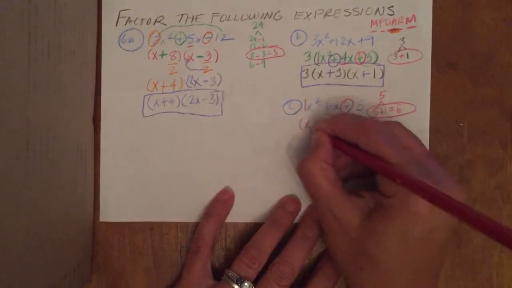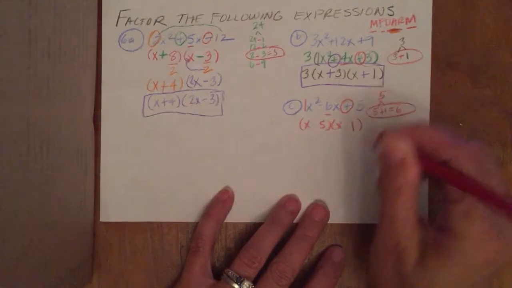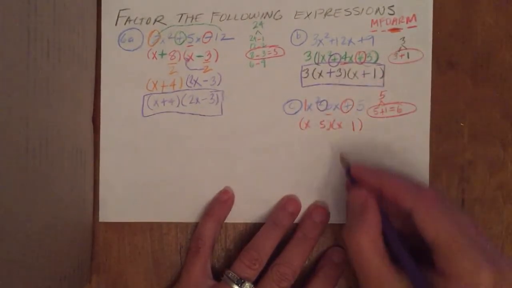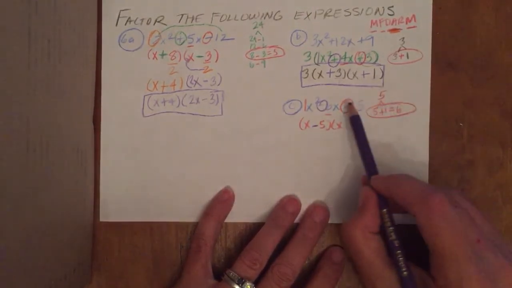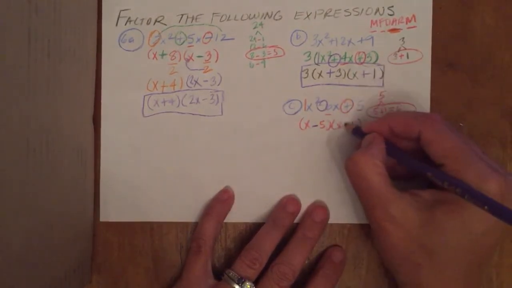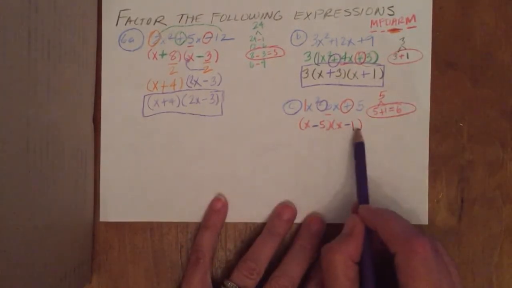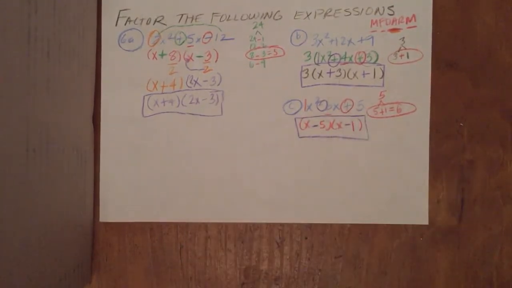So you're going to write x and 5 and 1. And then I'm going to just look at my B term. It's negative. I need negative 6. So the 5 has to be negative. And since this one's positive, it's got to be a negative times a negative, which also works because negative 5 and negative 1 gives you negative 6. So there is your answer.